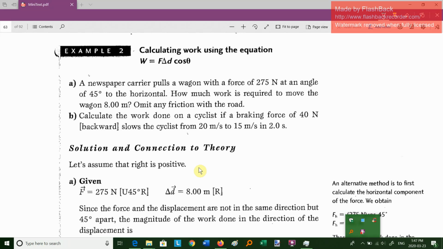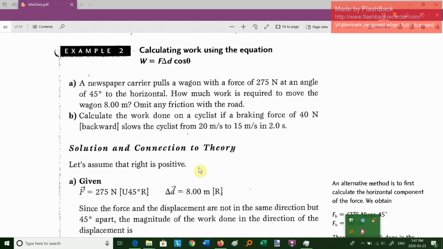Of course, it is only the horizontal component of your force which is being used to propel the wagon forward, but that's what we mean. I mean, it's F delta d cos theta. F cos theta is your Fx, your horizontal motion. So that's good.